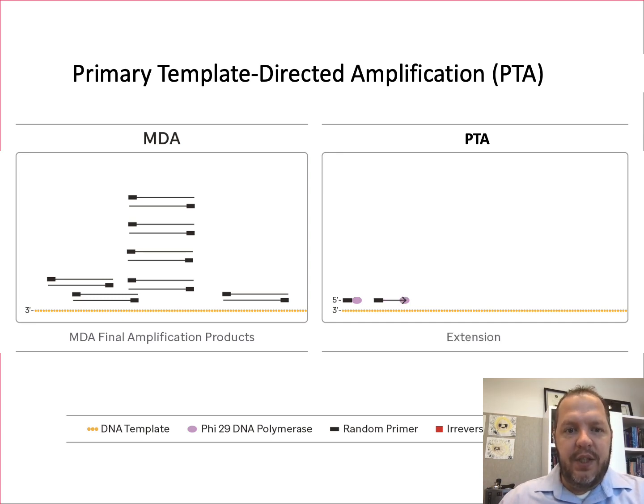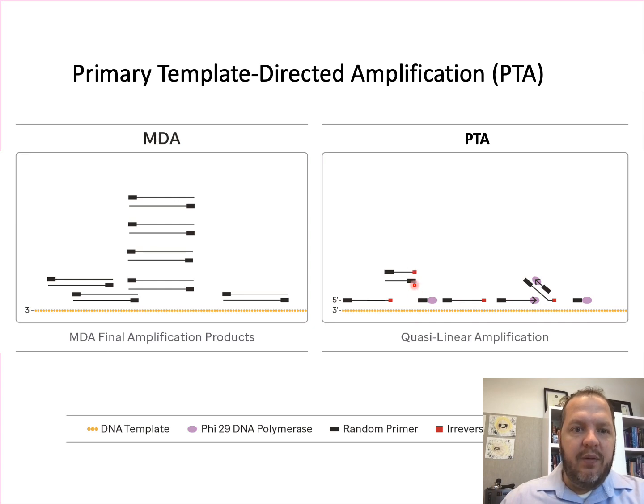But the idea is essentially you introduce an irreversible terminator into the reaction, and that creates smaller amplicons, and then those get displaced and they undergo less further copying because where they are primed can more easily become double-stranded. And so once they're double-stranded, there's no heating up, so there's no further amplification of the product.